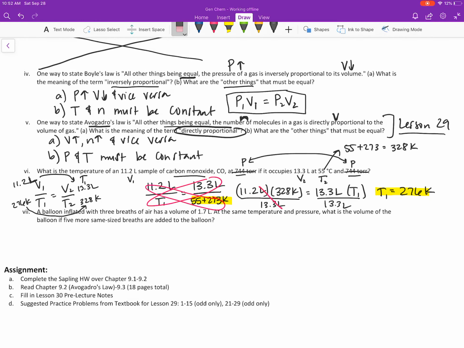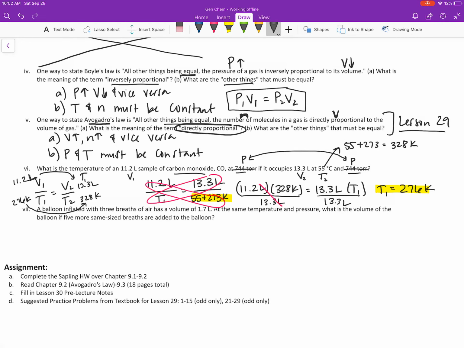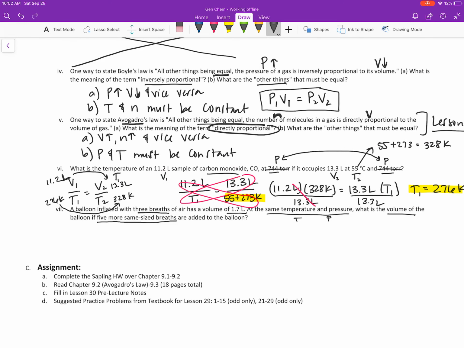All right, one more. Okay, this says that if a balloon is inflated with 3 breaths of air and has a volume of this at the same temperature and pressure, so temperature and pressure are constant, what is the volume of the balloon if 5 more same-sized breaths are added? Okay, so in this case, we're going to think of breaths as number of moles.